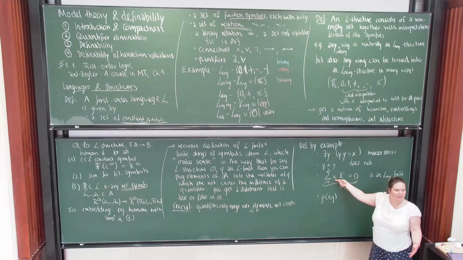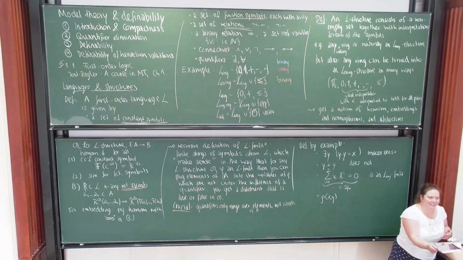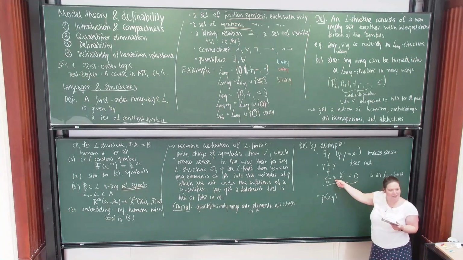You're evaluating a polynomial at a point. So plugging something in would be plugging something in for all the vi and for x. And then it's either true or false, right? Either it's true that what you plug in for x is a zero of the corresponding polynomial or not.